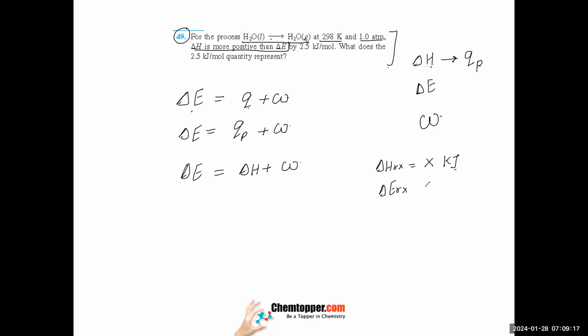Read the question carefully. Delta H is more positive than delta E. So what is delta E? It is X kilojoules minus 2.5 kilojoules. Can I say that? See, they have written. Now plug in these two values here.